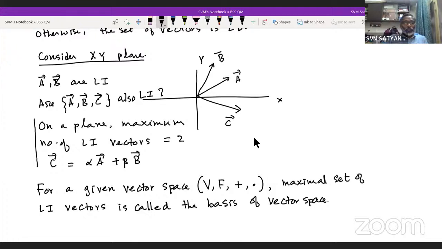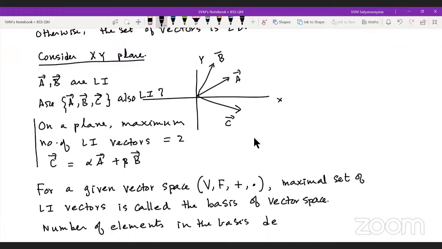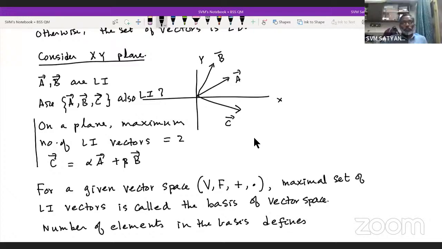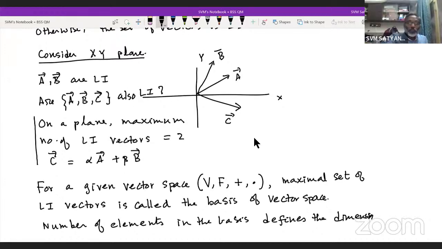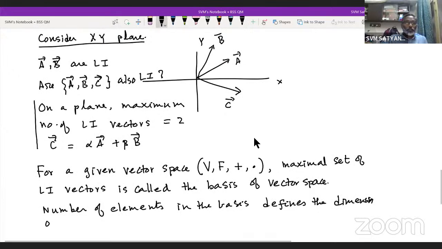And the number of elements in the basis defines the dimension of the vector space.